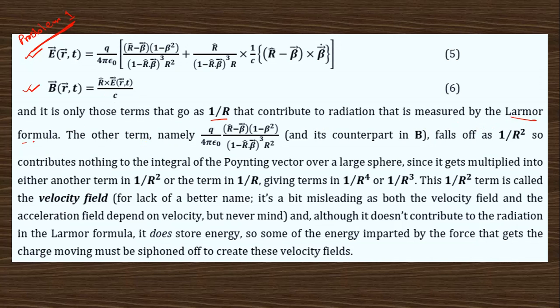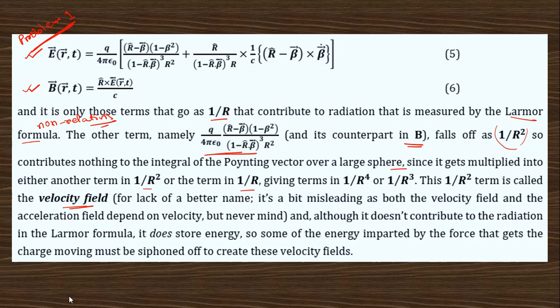In the non-relativistic case, Larmor's formula gives the power distribution of a uniformly accelerated charged particle. The other term, the component of B, falls as 1 by r square. So the contribution is the integral of the Poynting vector over a large sphere, since it gets multiplied by another term of 1 by r square and this 1 by r. So this is the velocity field.